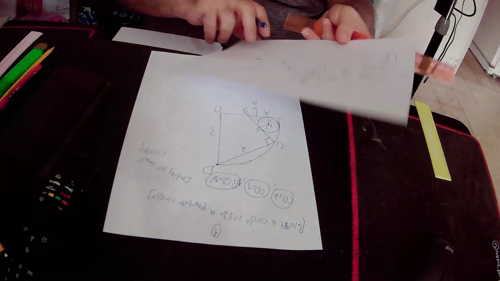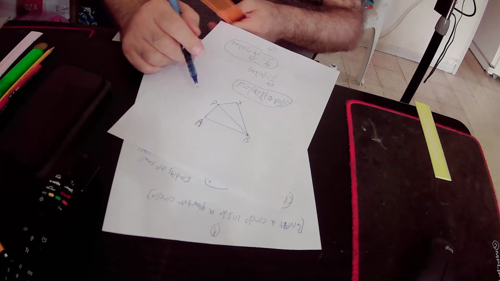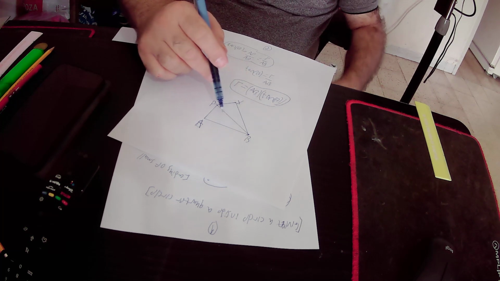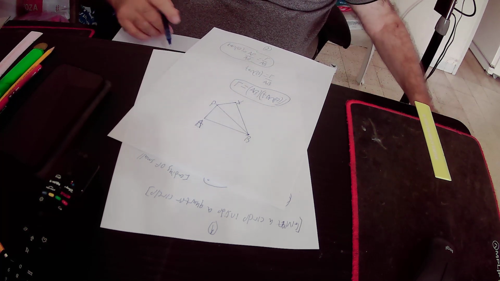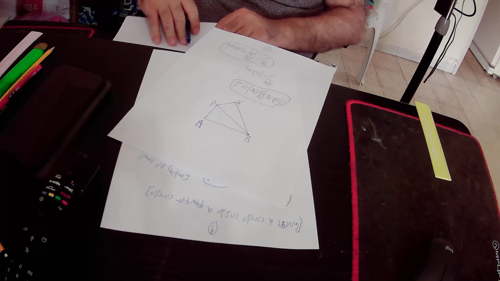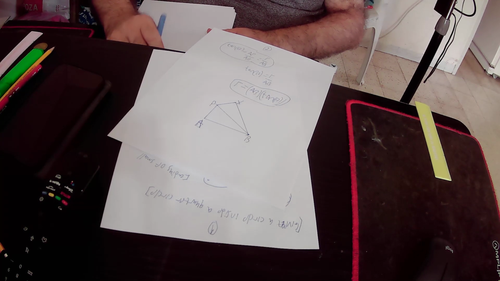Those are triangles ABP and triangle PBX. So we will focus on those two triangles.